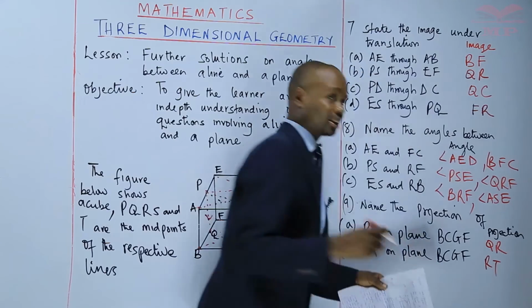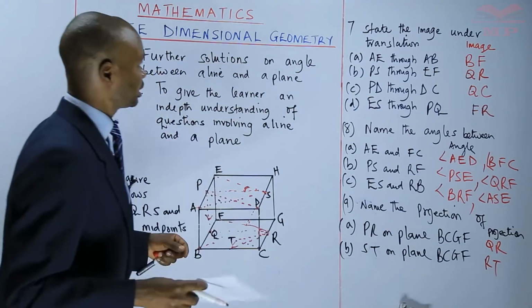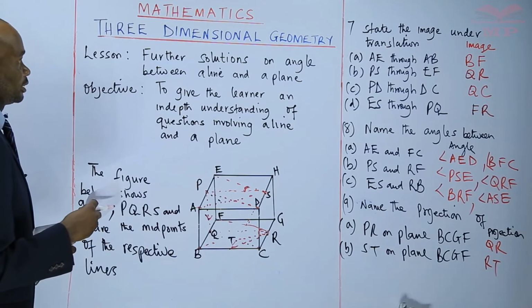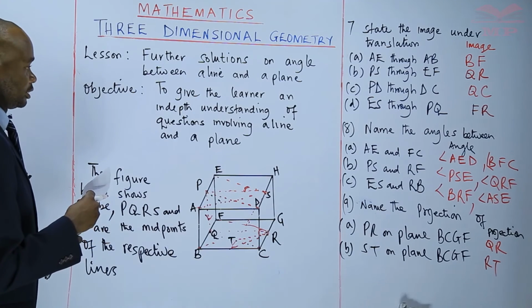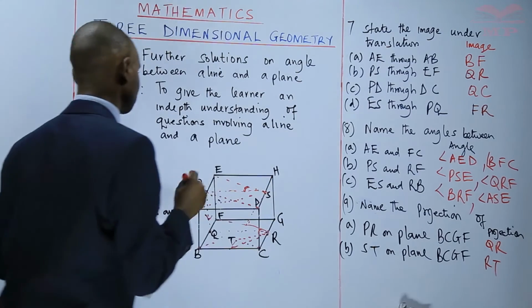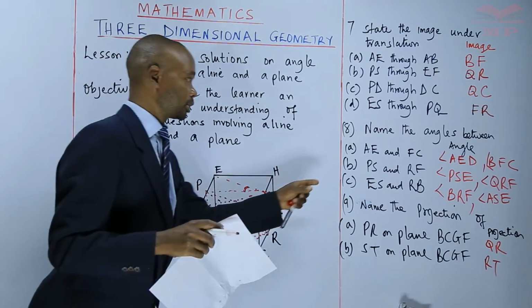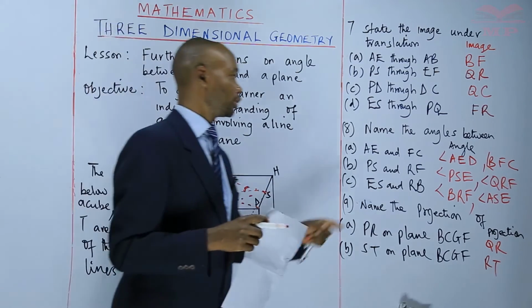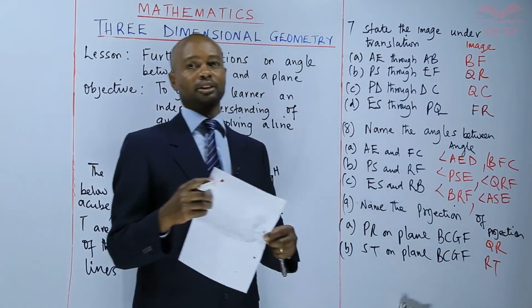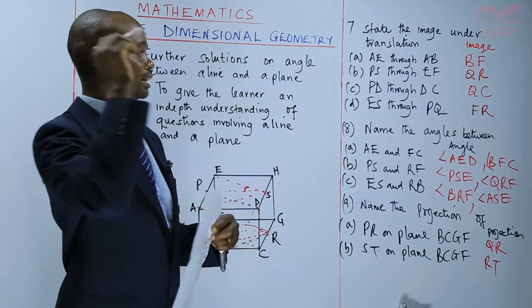As I sum up the lesson, the objective, look at what was happening when we dealt with images, like state the image under translation. Name the angles between lines: you translate, you move one of the lines to the plane where the other line belongs.